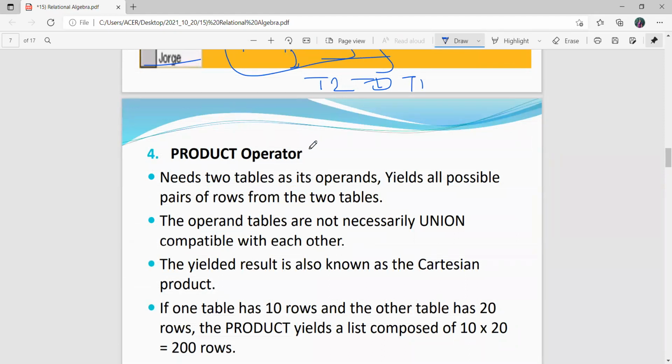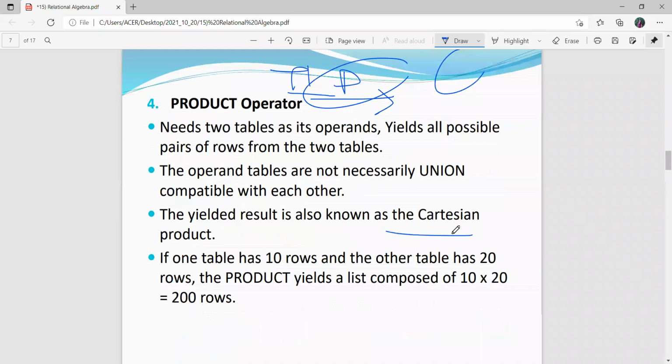In this case, this is just like a multiplication. It needs two tables as its operands. This is the product operator, and it outputs all possible pairs of rows from the two tables. So the operand tables do not need to be union compatible with each other.